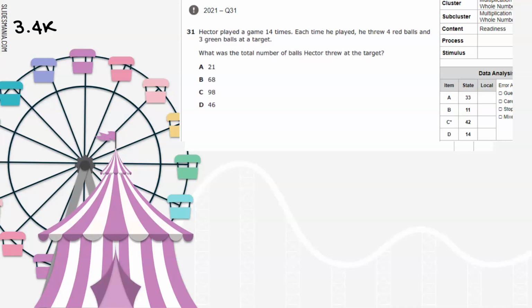Now I realize at this point, we have not taught 2-digit by 1-digit multiplication, have we? Absolutely not. But can we use this type of question and just use a smaller number in how many times Hector played the game? Absolutely. We could say that Hector played the game 5 times, or he played the game 8 times.